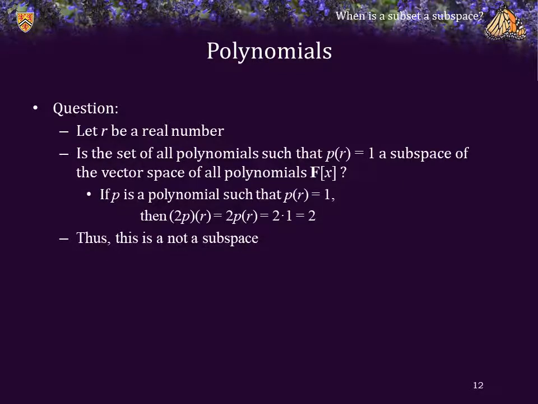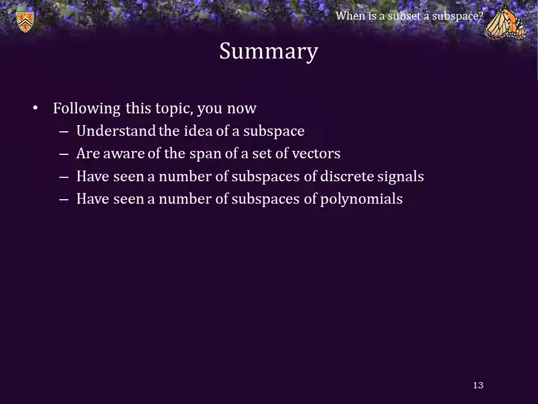All right. Following this topic, you now have a better understanding of the idea of a subspace. Now, for finite dimensional vectors, I have already made the claim that all subspaces are the span of some set of vectors.